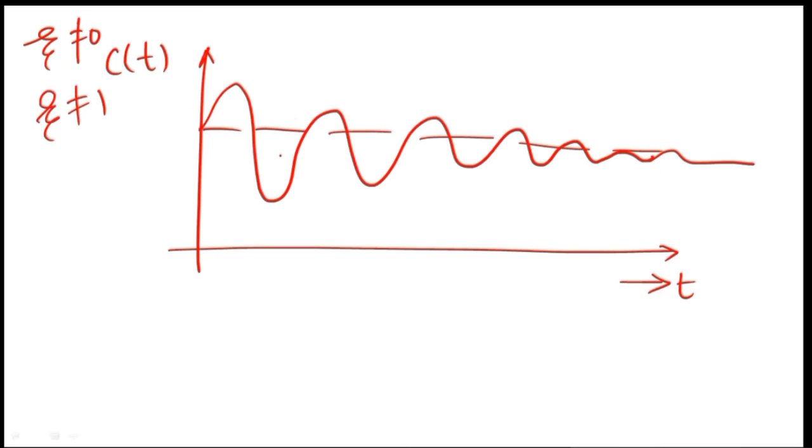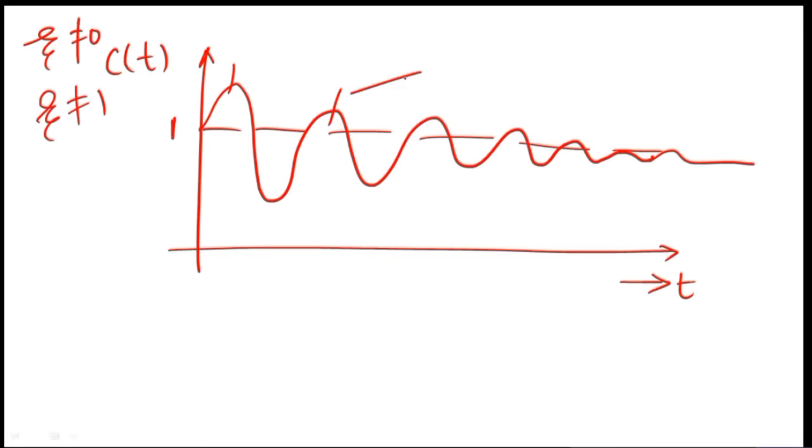So that means C of t is having damped oscillations. These are called oscillations. That means the magnitude is oscillating between a peak value and a crest value, and the magnitude of the oscillations is decreasing with respect to time.